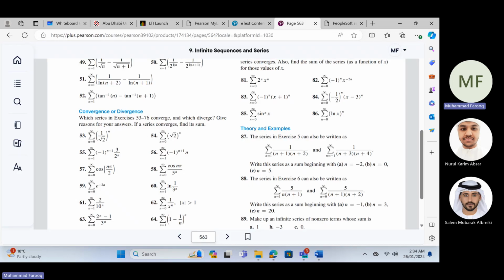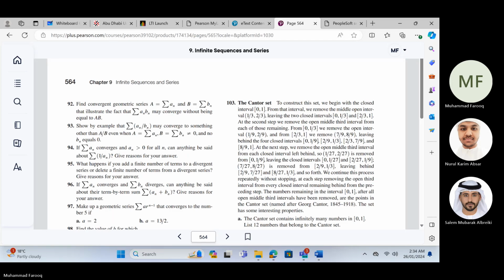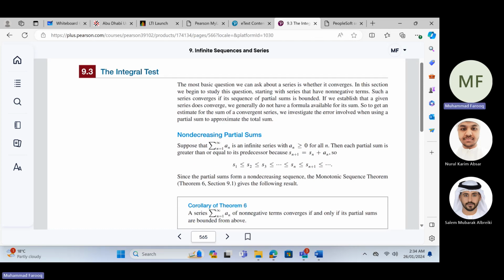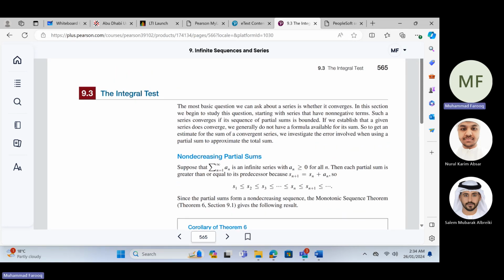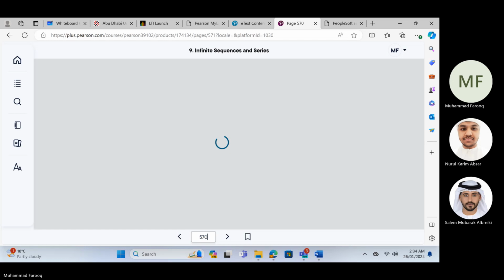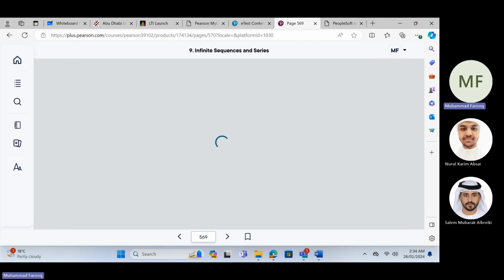Let me open the integral test. The 9.3, look here, integral test. Okay, we can go for the exercise, maybe on page 570, maybe 569.